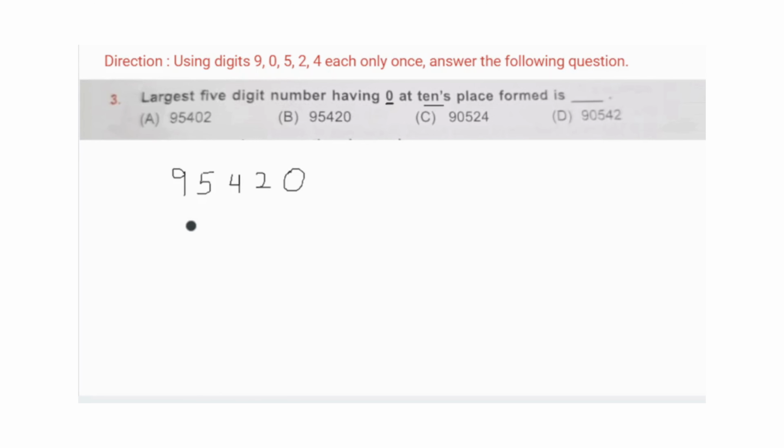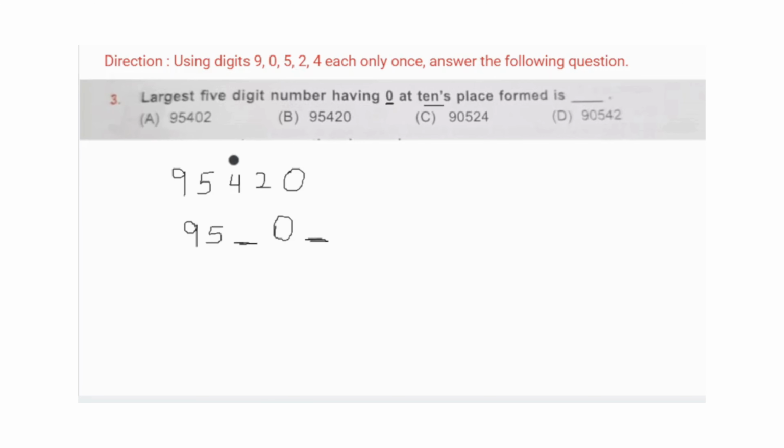So now we need to make sure that 0 is always in the tens place. Let's reconstruct the number with 0 in the tens place. So let's write 9 and then 5 and then leave this space and then write 0 which is in the tens place, and a dash. Now any number that we form here, 0 is always going to be in the tens place.